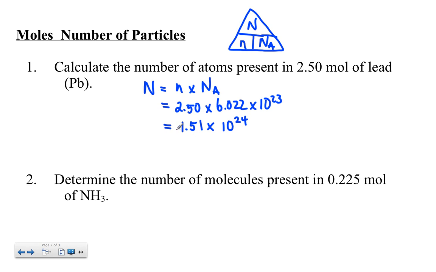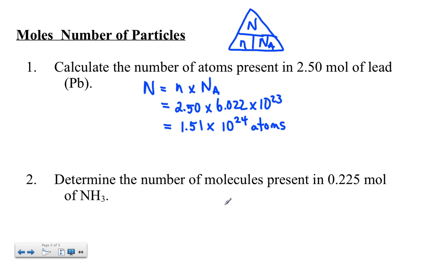Okay, so you'll notice that I'm reporting my answer to the correct number of significant digits. 2.50 has 3, Avogadro's number has 4, so I need to report my answer to the fewest number of significant digits. And because I'm counting lead atoms, my units for my large N are atoms in this case.